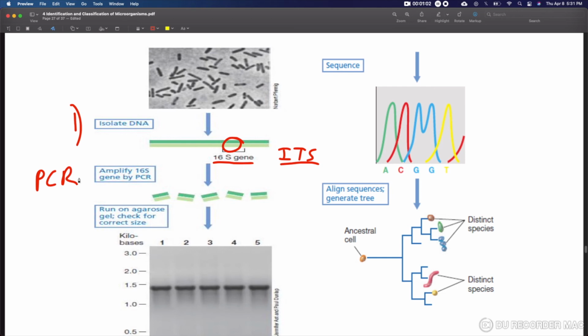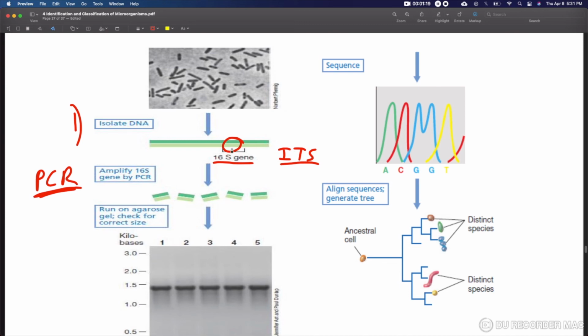chain reaction, where we will have the forward and reverse primers. Essentially, PCR is a good technology that amplifies your DNA.